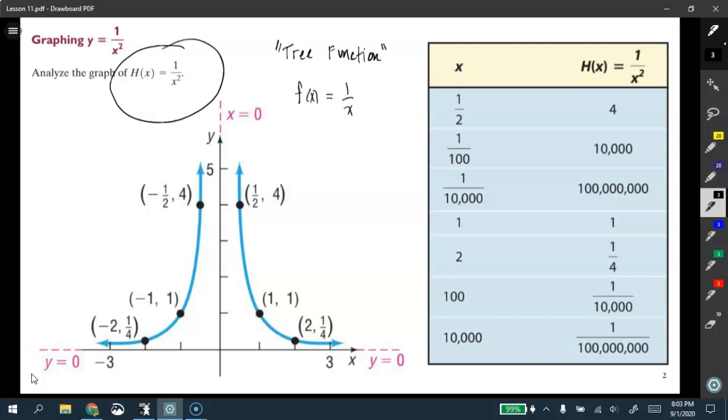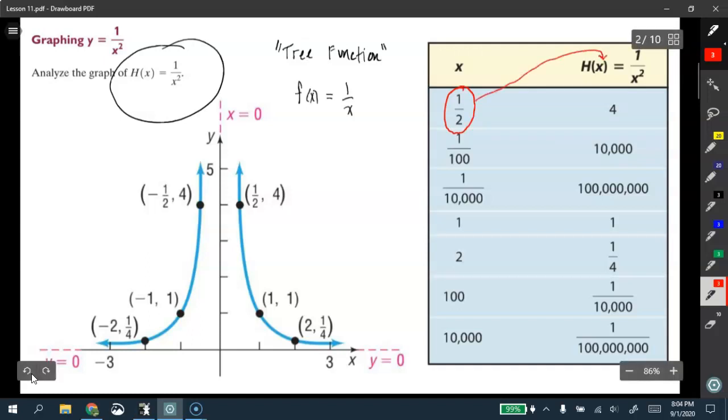In 1 over x squared, basically what happens is the following. Let's suppose you took a number like 1/2 and plugged it into this function. It's going to look like h of x is equal to 1 divided by 1/2 squared.